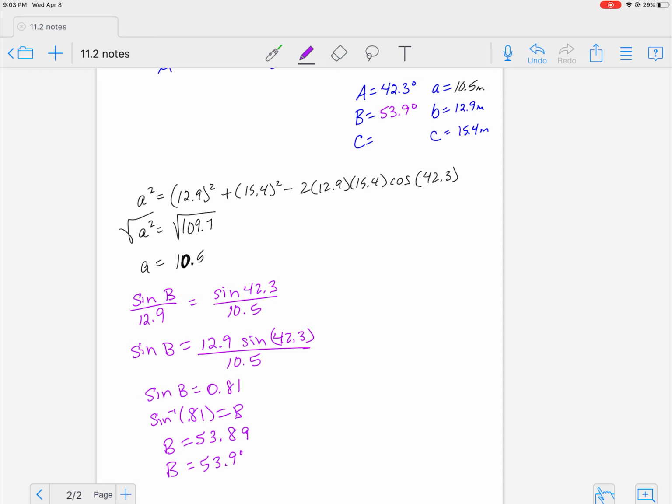And B is 53.89. Oops. Which I know with everything else I'm looking at, it's one decimal with my significant figures. So 53.9 degrees.